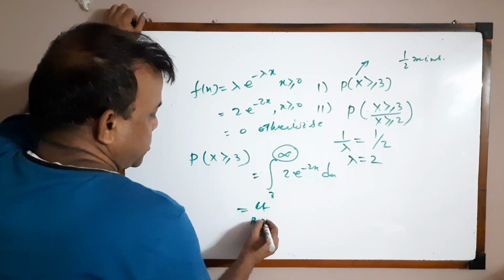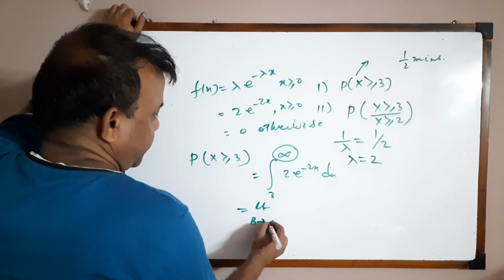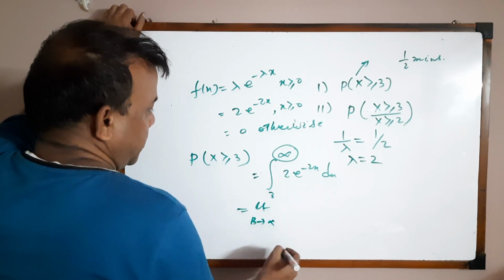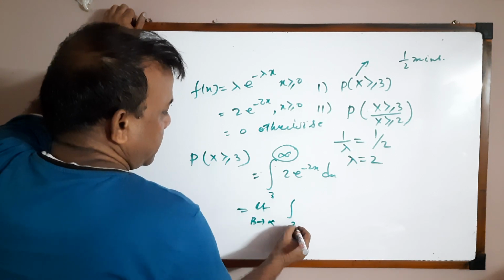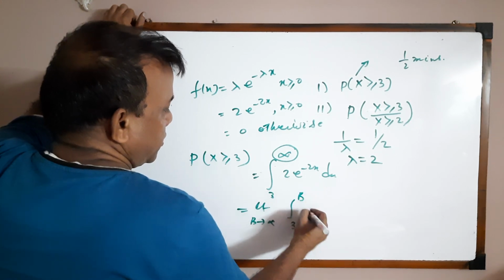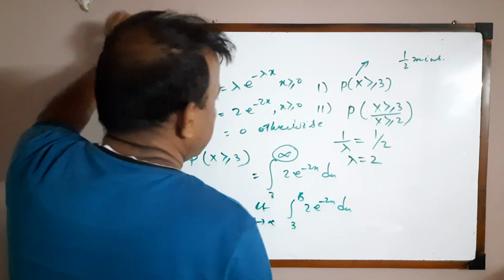Limit b tends to infinity, where the upper limit is b. Integration from 3 to b of 2 into e to the power minus 2x dx.